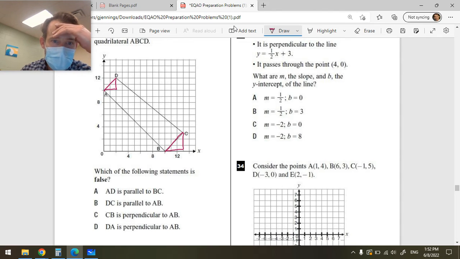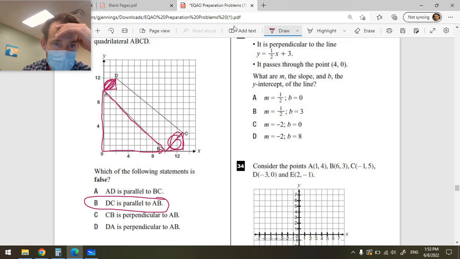Okay. DC is parallel to AB. Well, that's false. Visually, you can sort of tell that it's narrower here than it is here. It's farther apart there than there. If you check, this one has a slope of -1. It rises -10 and runs 10. So that's a slope of -1.